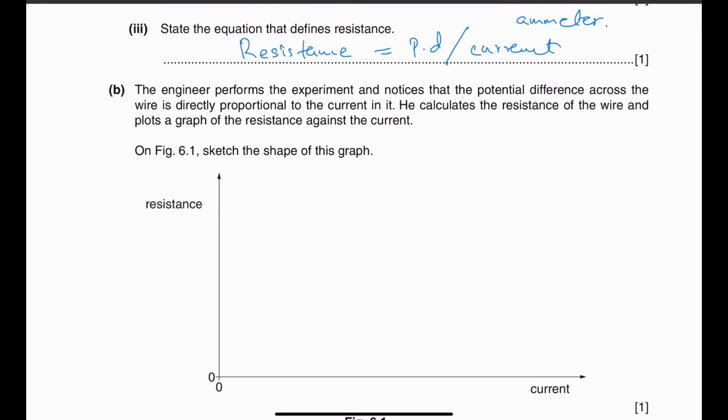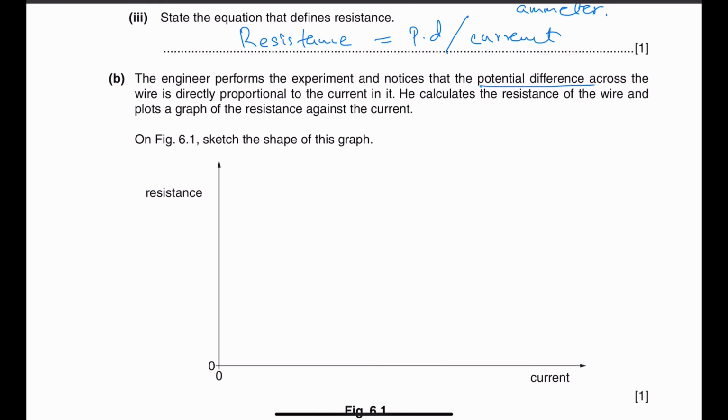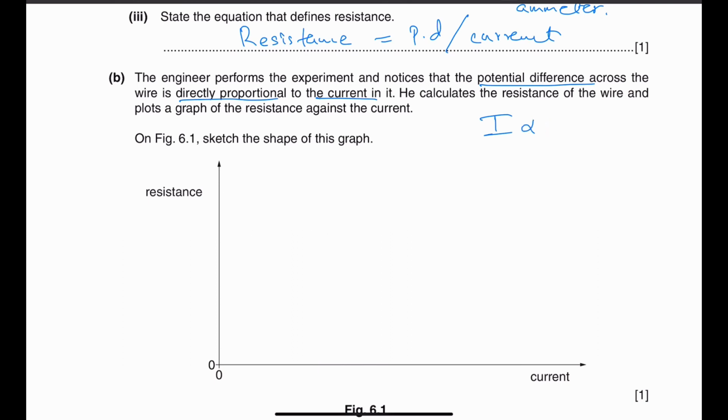All right. The engineer performs the experiment and notices that the potential difference across the wire is directly proportional to current. So the wire does obey Ohm's law, right? He calculates the resistance of the wire and plots a graph of resistance against current. Now, on first thought, you might say, well, you have to sketch the graph. If it obeys Ohm's law, then it should be a straight line.